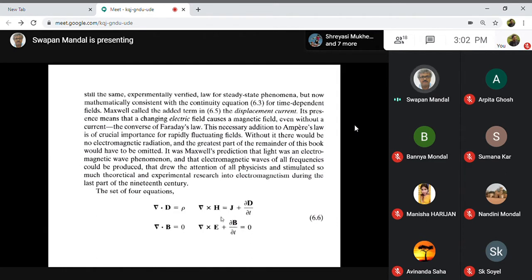Rather, we formulate the problem in such a way that the potential is solved initially, and the two potentials I have already introduced in your electrostatics and magnetostatics courses were scalar potentials and vector potentials. Okay, let me go for the solution of Maxwell's equations.